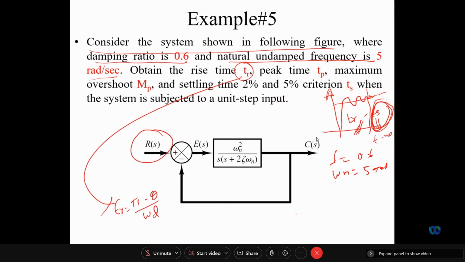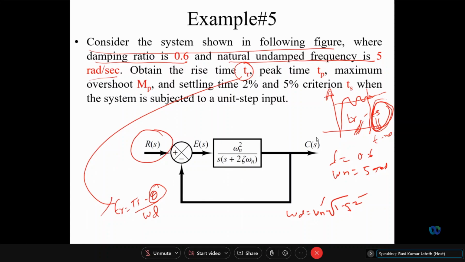Omega d is what? Omega n into under root 1 minus zeta square. So omega n is there, zeta is there. How to find out theta? Cos inverse zeta.